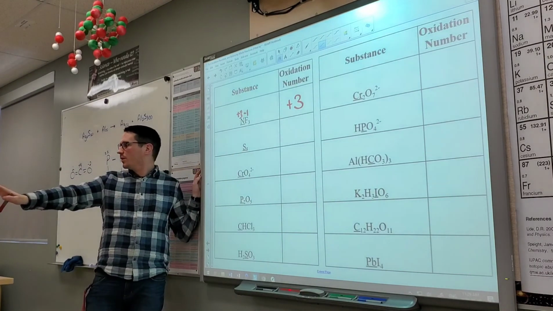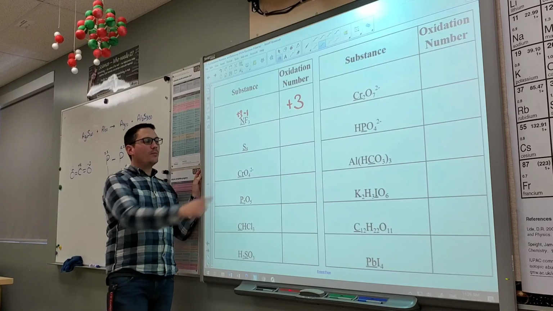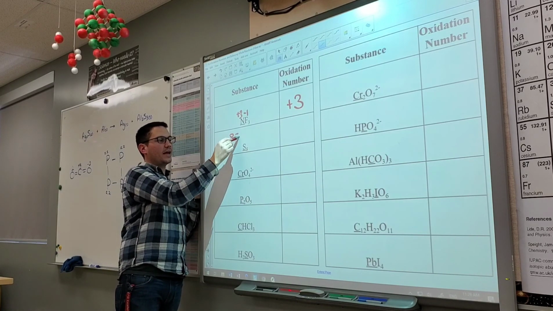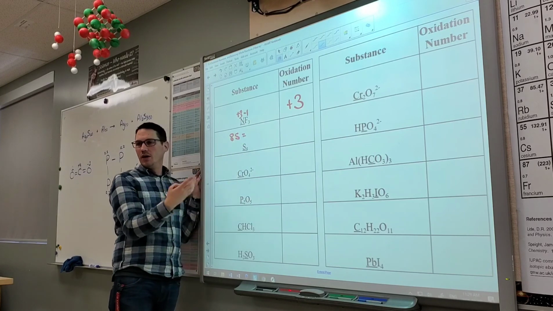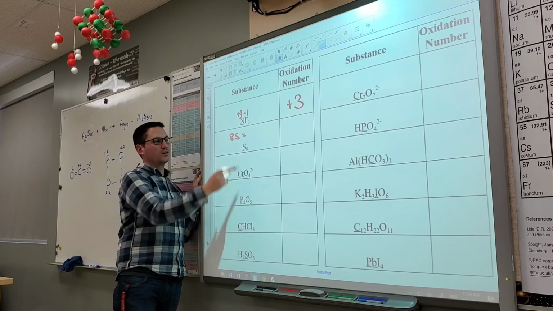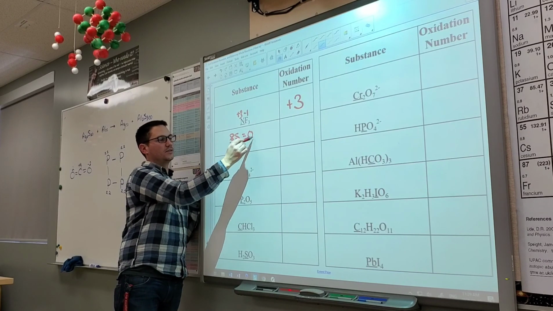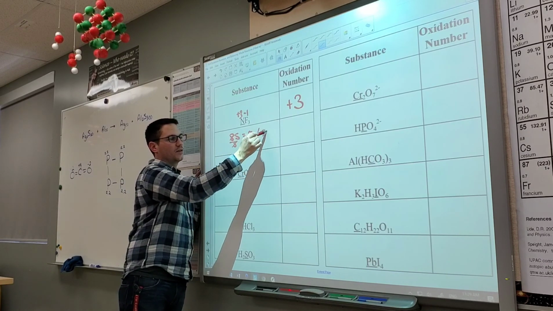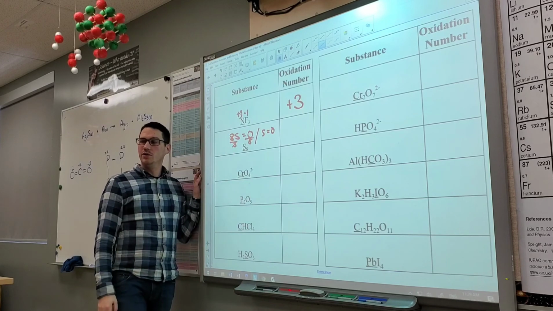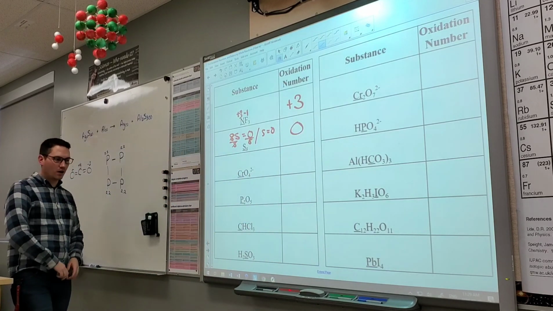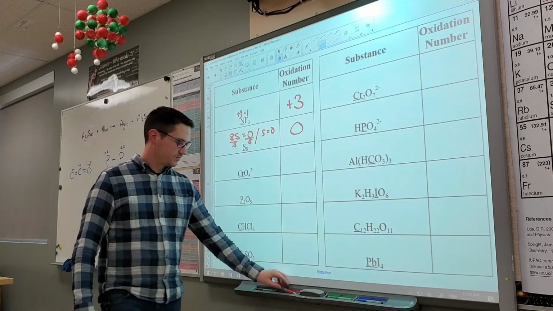How many sulfurs are here? 8. So 8 S's has to be equal to what? What's the charge on the whole thing? 0. So if I divide by 8, that means the sulfur is 0. You know what I mean? So there's lots of ways of going about solving these oxidation number questions.